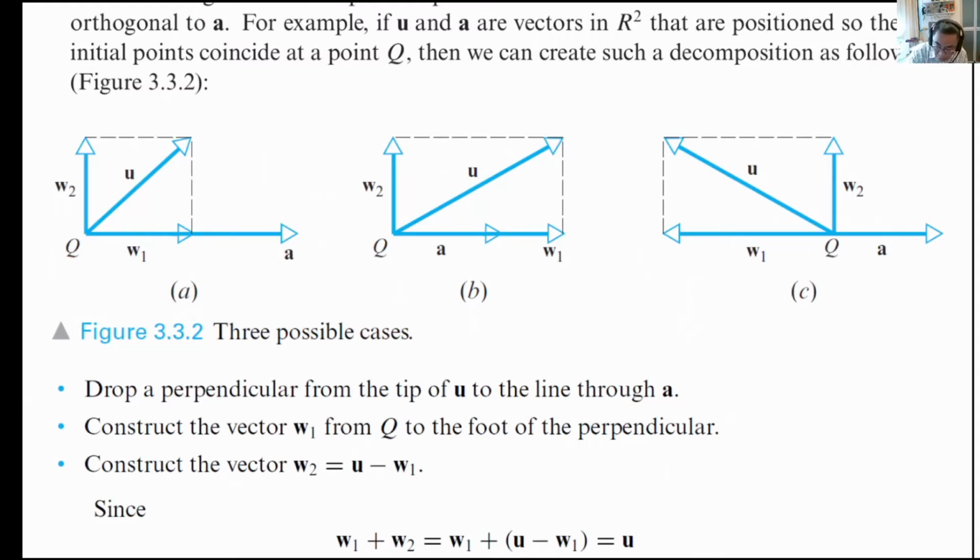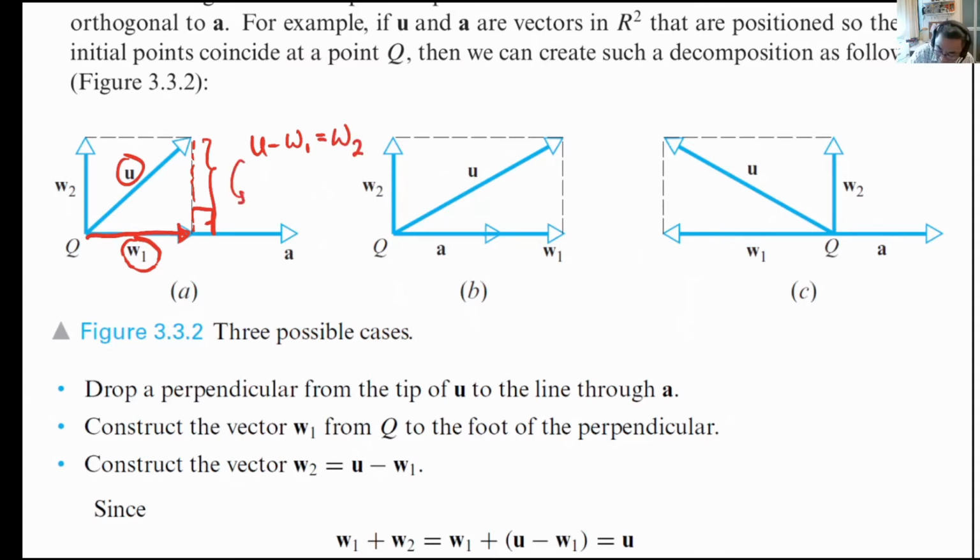Now, by only using W1, we could only explain u along the direction of A. There is some more residual. And because we have projected it perpendicular to it, this is the residual, and we can simply say u minus W1 would be this residual vector, and we call it W2.